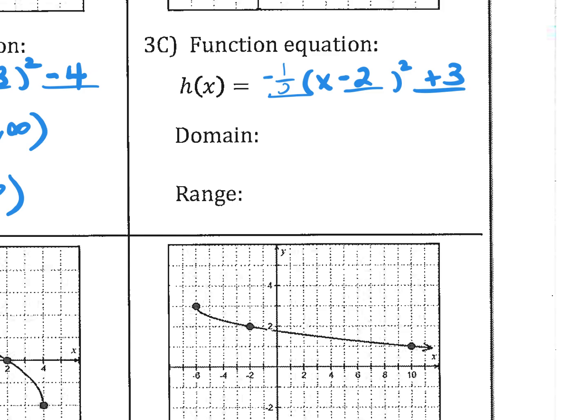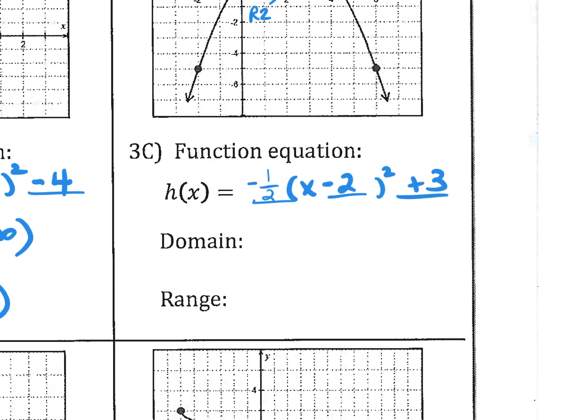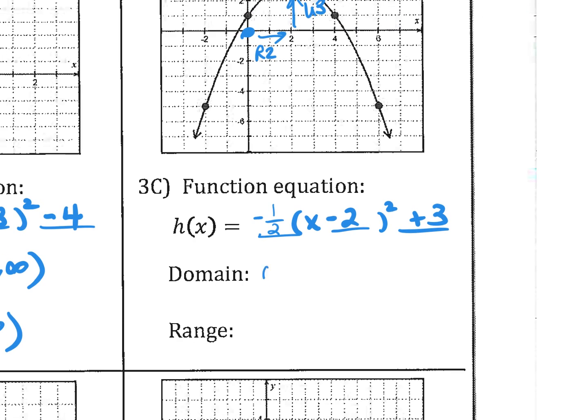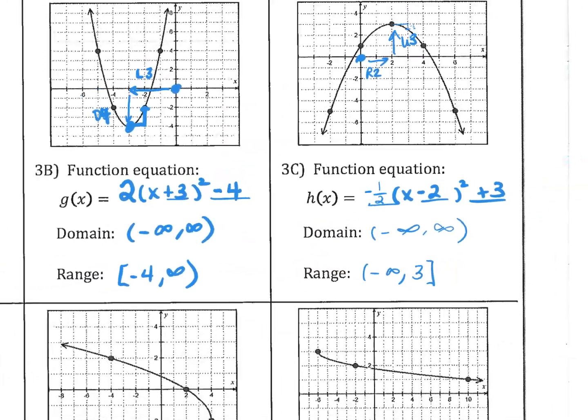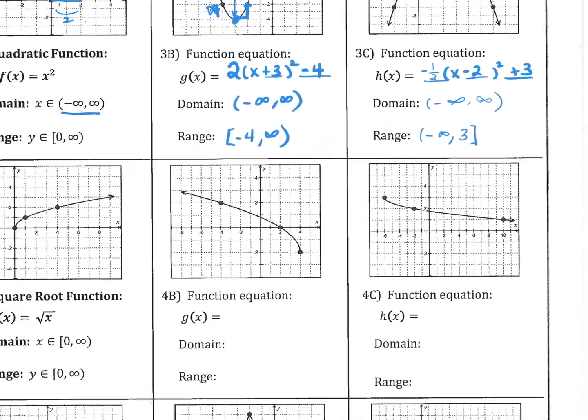Negative half. Okay, what's the domain? But what's the range this time? Negative infinity to where? 3. Okay. You starting to get the idea of these? A little bit, maybe?